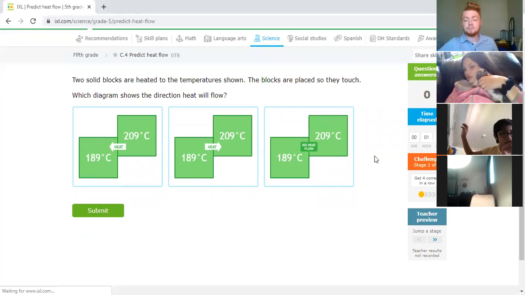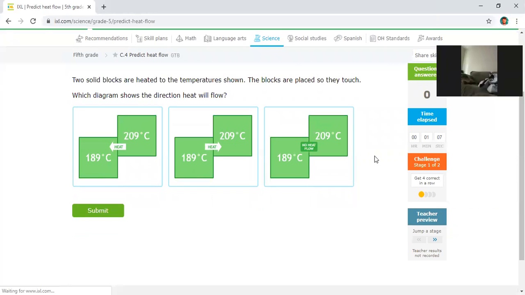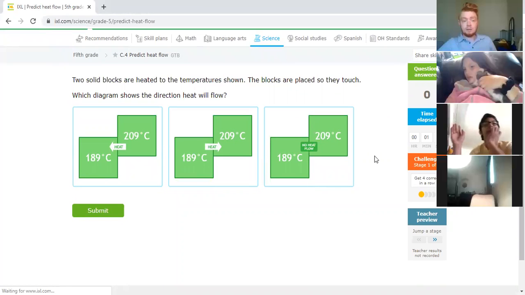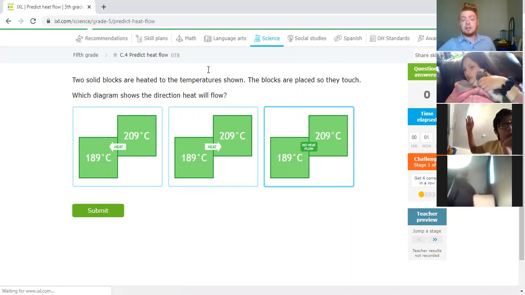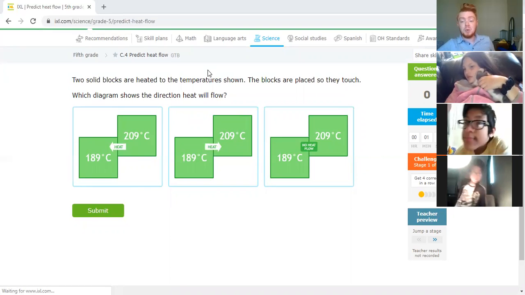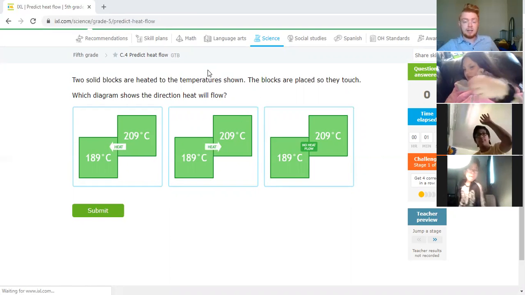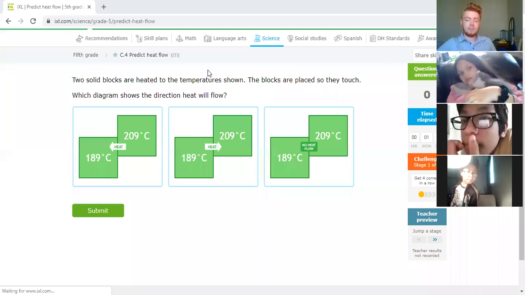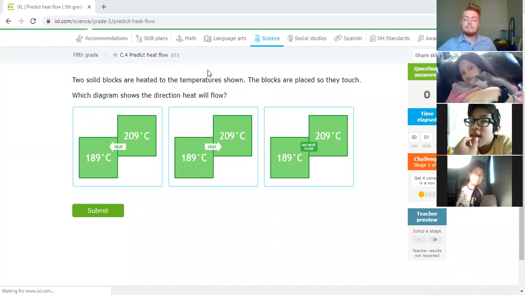Okay, first question with the diagrams: which direction is the heat going to flow from these two blocks now that they're touching? I see Draven's hand. Draven, the middle one?